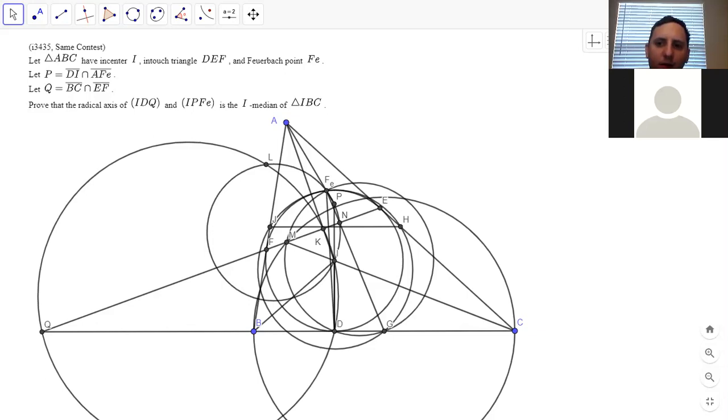Yeah. Okay. Oh, but then how would we define P? So P is DI intersect AFE.